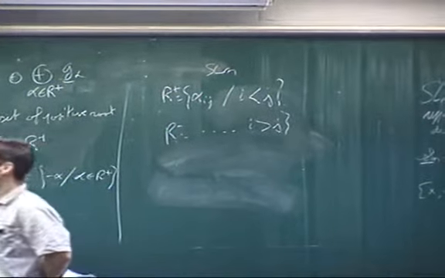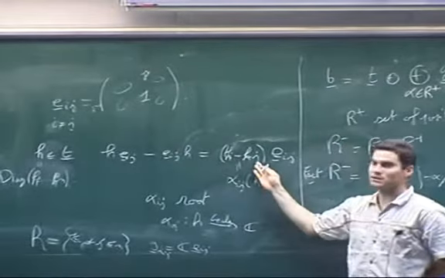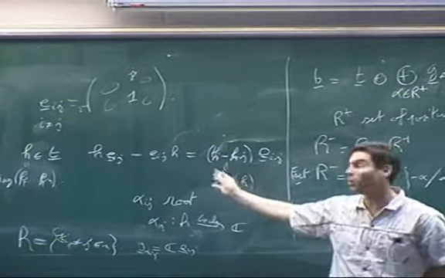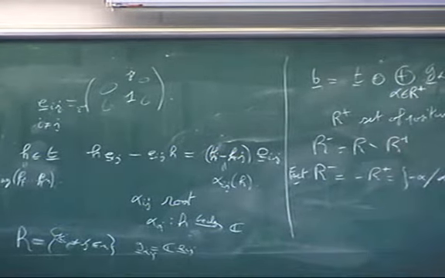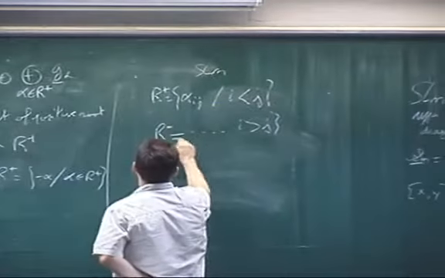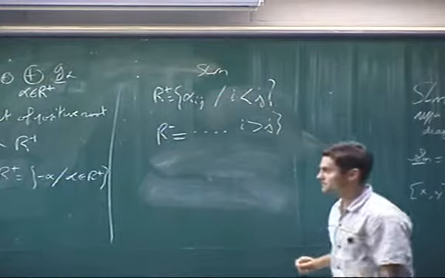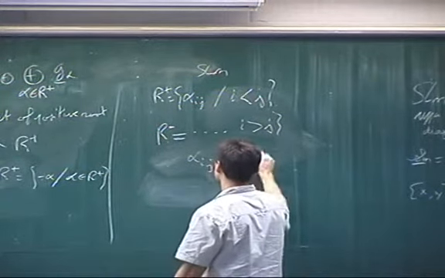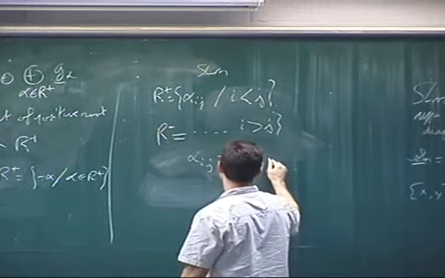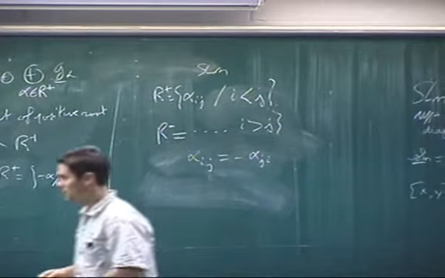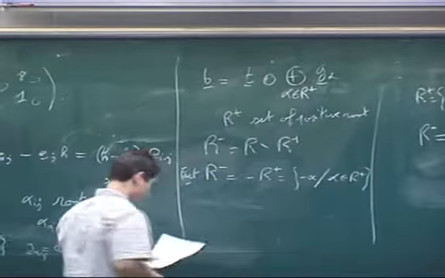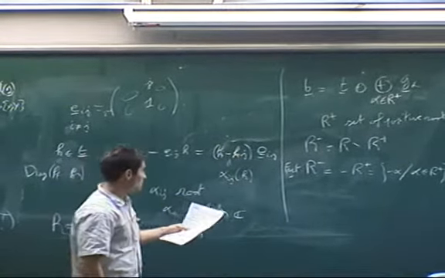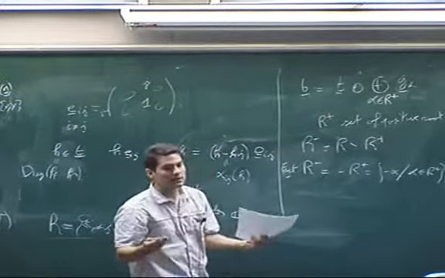And we can see that if we exchange i and j, we obtain exactly the opposite of this root. So you can see that α_ij is equal to minus α_ji, and it's true in every case. So R- is the set of negative roots.